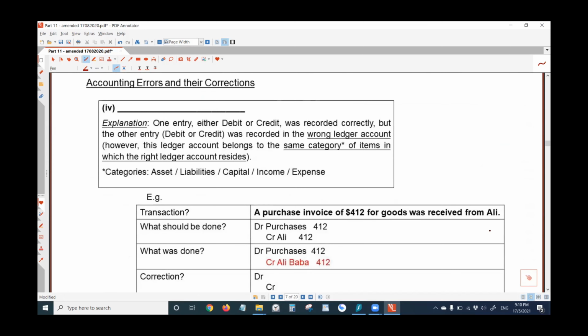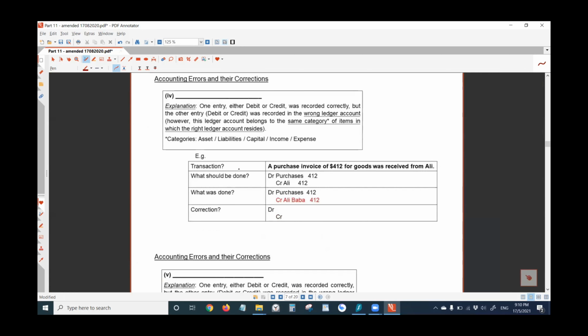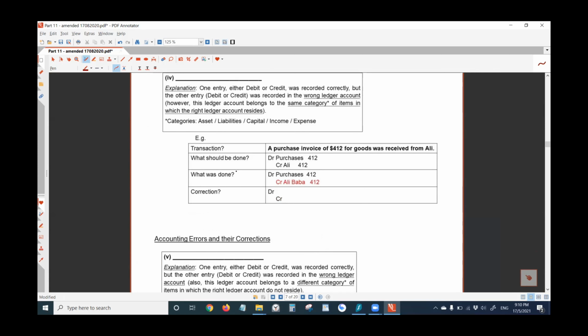Now the next 2 errors are the ones that give a lot of confusion to students. But if you follow my way of interpreting them, then I think you should have no problem. The next 2 are like brothers and sisters to one another, so I'm going to explain these 2 together.